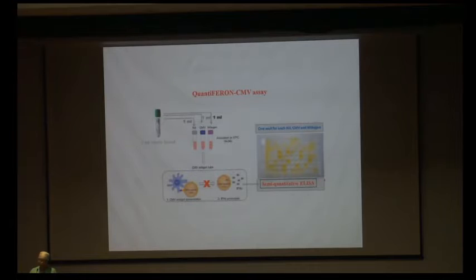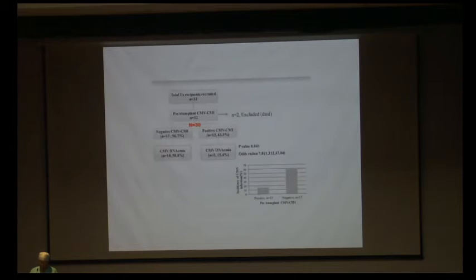This was a very good piece of research, and it used a QuantiFERON CMV assay where the CD8 cells with CMV epitopes are caught, and a semi-quantitative ELISA is done to look for interferon gamma. Thirty patients were enrolled, and this is a commercial assay which tells whether CMV related immunity is present or absent.